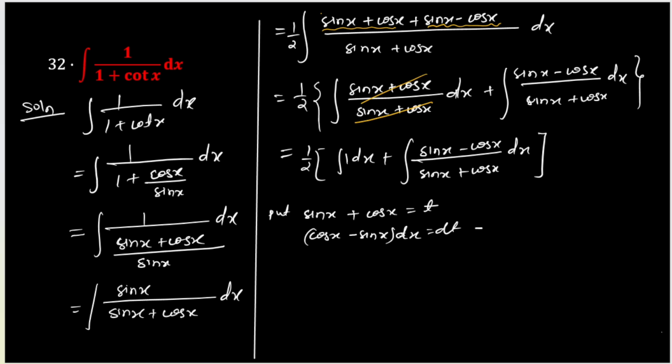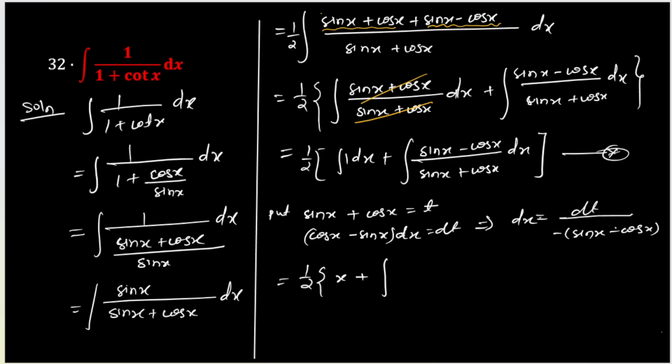So dx is equal to dt by minus sin x minus cos x.